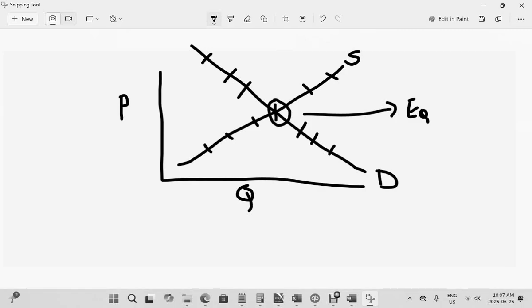Now, say for example the price of gasoline was to go up. This is not the price of the finished product, it's the price of gasoline, which may be an input of production. It could be the price of crude oil, for example.